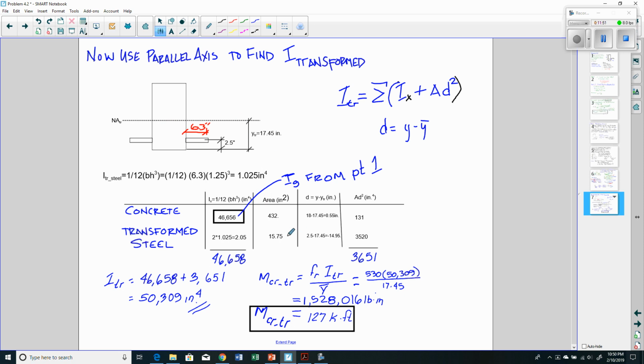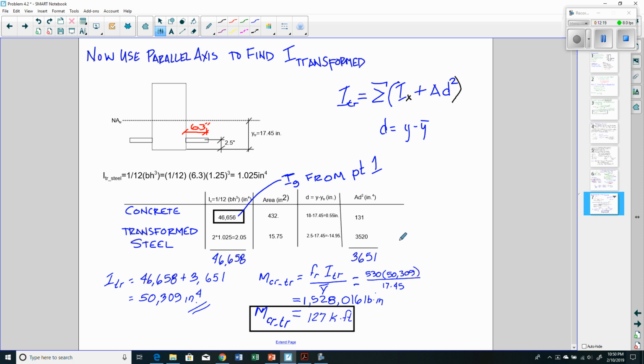The distance of the neutral axis of this to the transform section neutral axis is just the total transform section neutral axis from the bottom minus this. If we keep the signs consistent, it doesn't really matter if this is negative because it's going to end up squared over here.